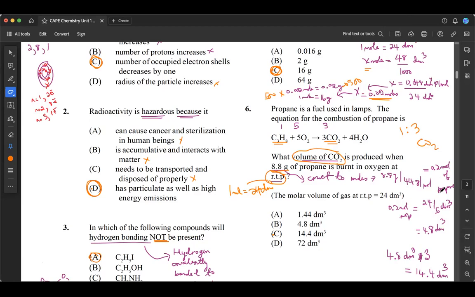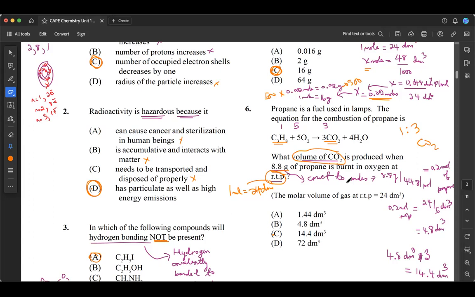Let's do it this way. So 3 times 12 plus 8. 3 times 12. Okay, so the molar mass of propane is 44.